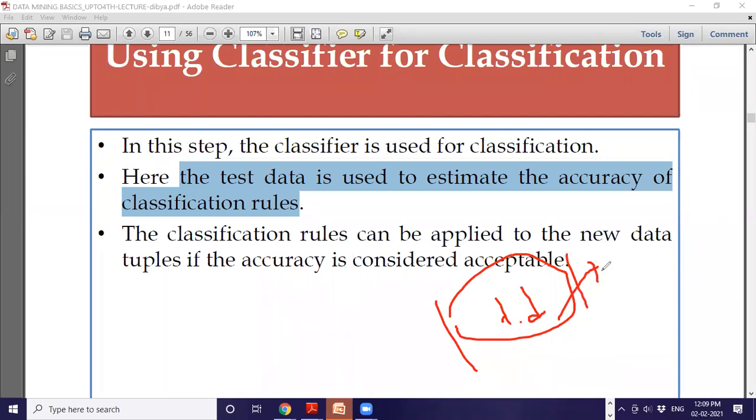After that, for testing purposes, we use the test data, and from this we are trying to find out the accuracy of our designed model.